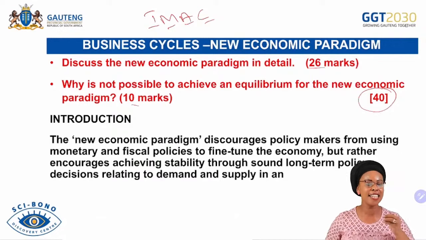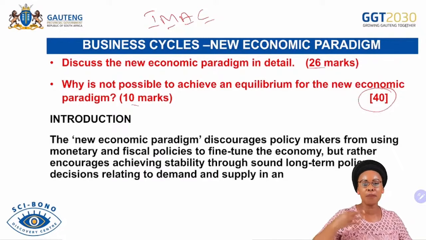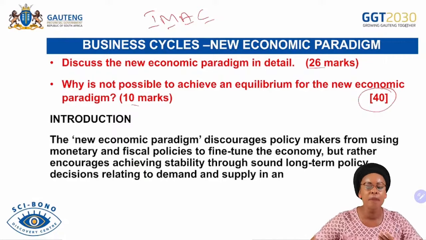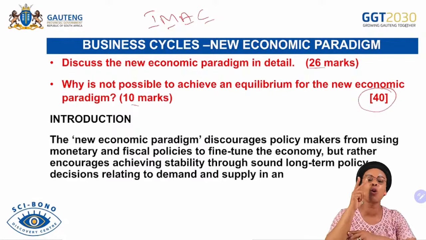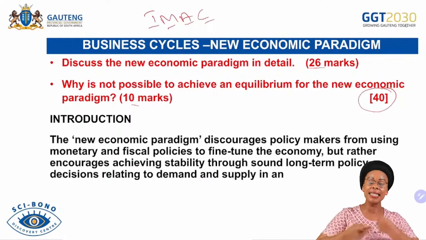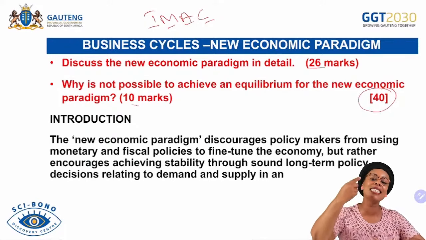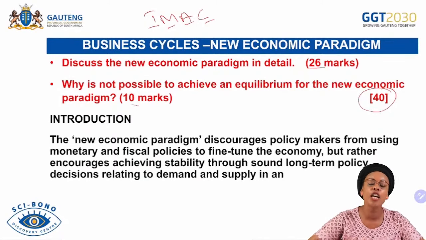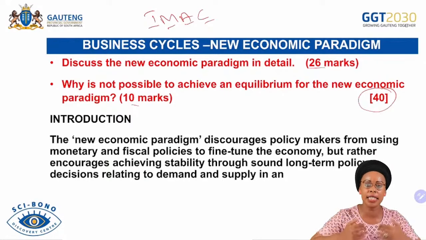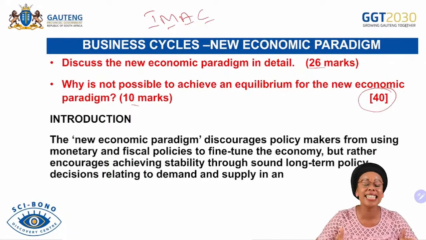Don't write, in this essay, I'm going to discuss the demand side policy and the supply side policy with the use of the Phillips curve, etc. Don't do that, because this introduction is only for 2 marks. You might find that the points that you included in the introduction, you might need them in the body. But because you have already written them in the introduction, you won't get marks, because that will be marked as a repetition.